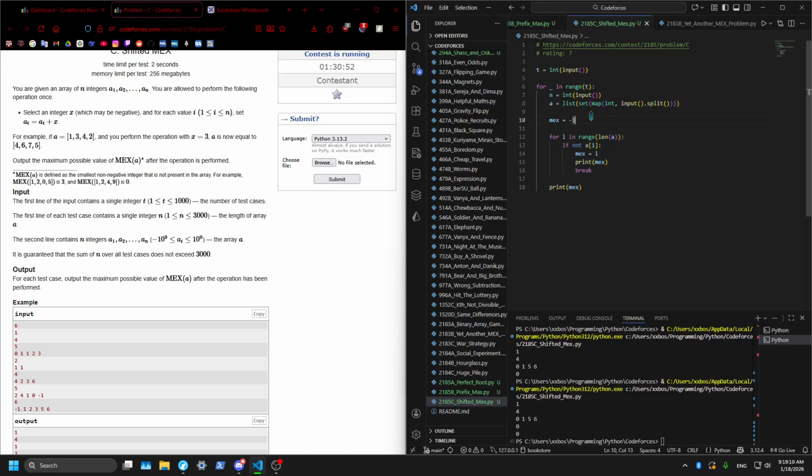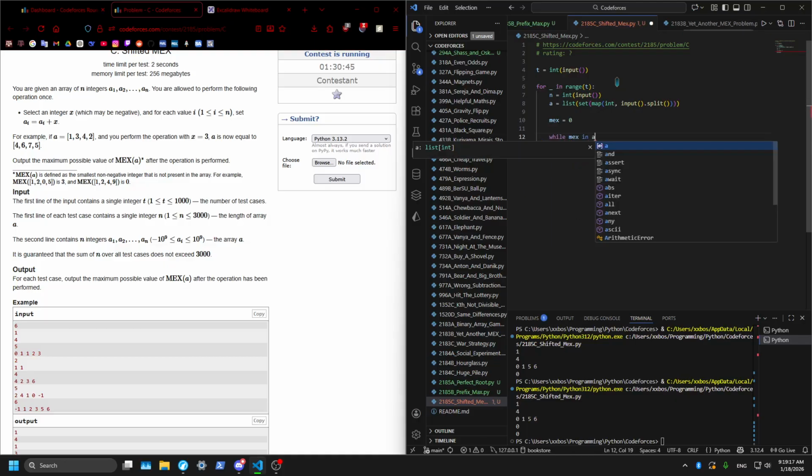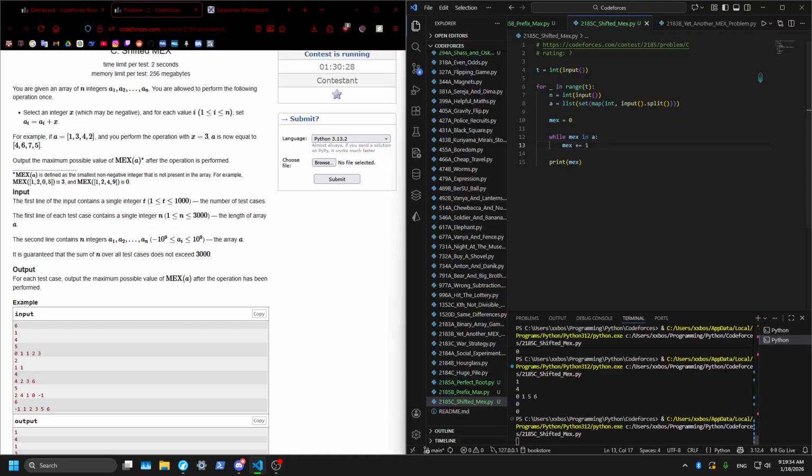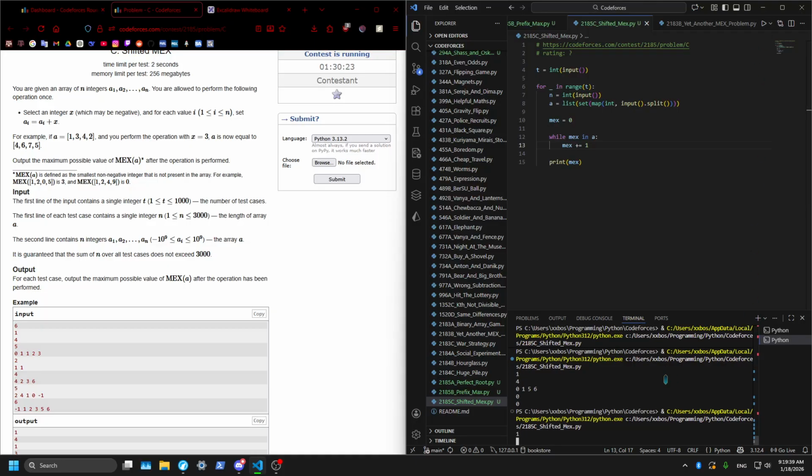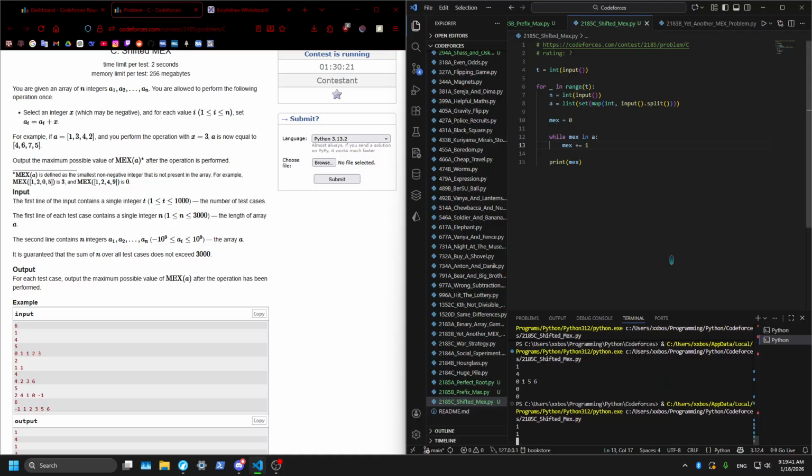Like, okay, to find the mex, we can just do like this: while mex in a, mex plus equals 1, right? A simple mex function. Or, okay, just copy this.